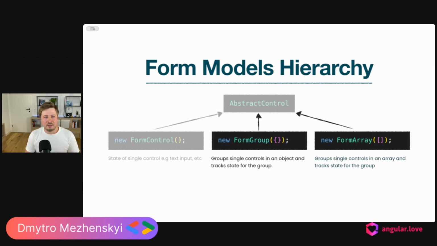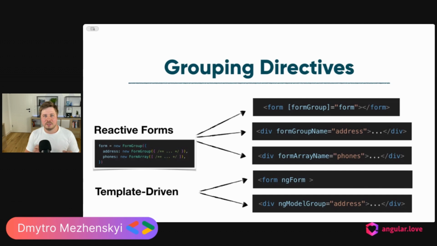And here, a very similar story happens. In order to connect groups and corresponding parts of the view, we use a group of directives. This is the form group, the form group name, form array name, if we're talking about reactive forms. And for template-driven forms, we have only two directives responsible for that: ngForm and ngModelGroup.